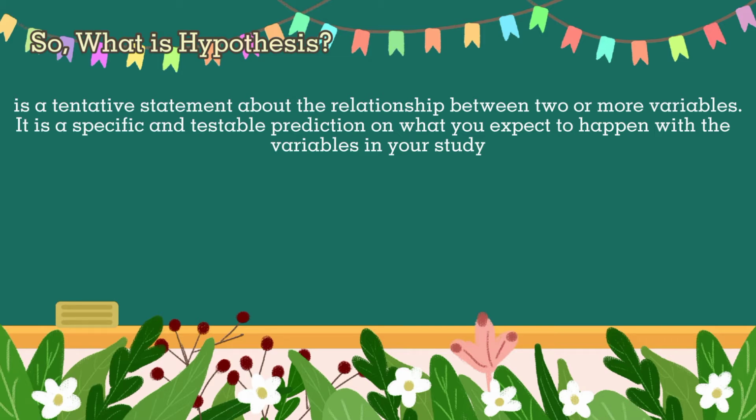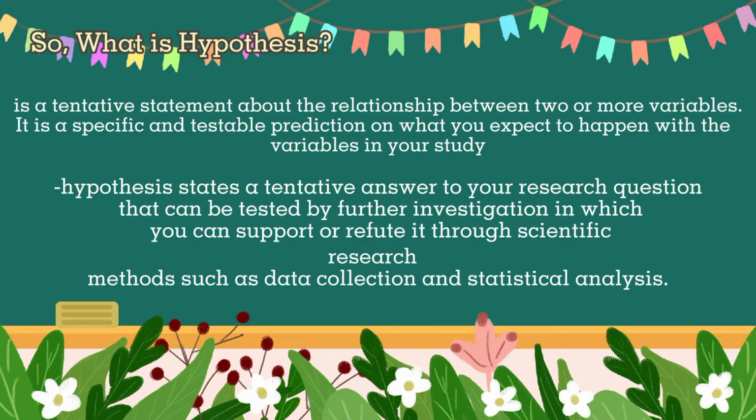It is a specific and testable prediction of what you expect to happen with the variables in your study. A hypothesis states a tentative answer to your research question that can be tested by further investigation, in which you can support or refute it through scientific research methods such as data collection and statistical analysis.